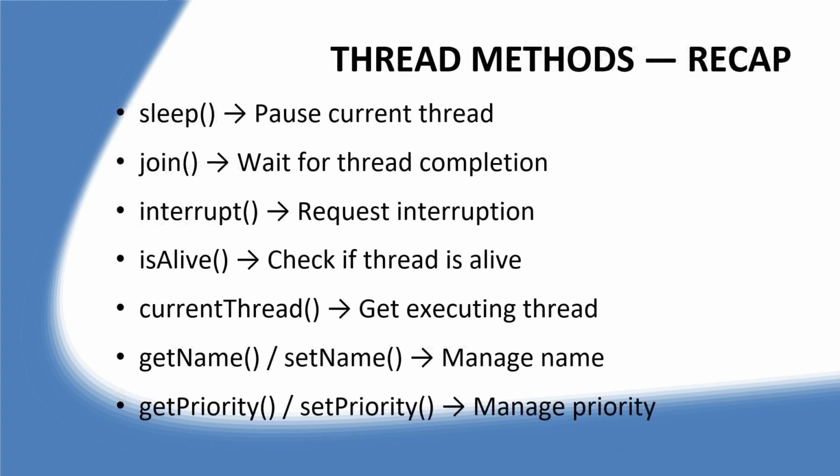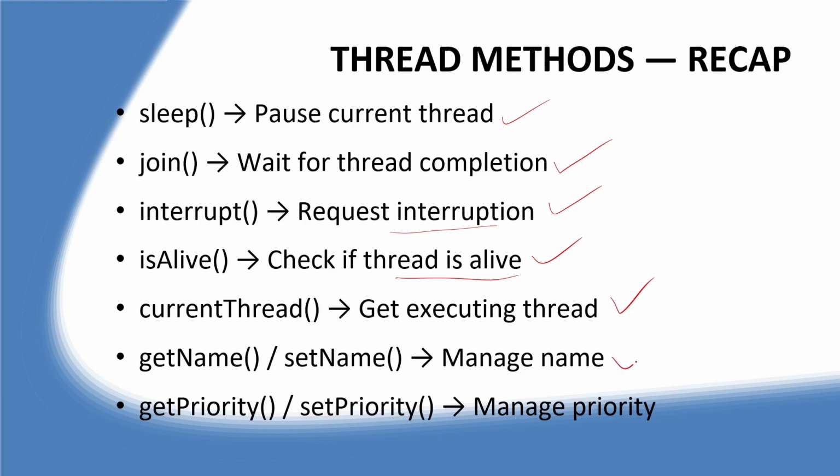Now let's quickly recap what we have learned so far. Sleep temporarily pauses the current thread. Join allows the current thread to wait for another thread to finish. Interrupt sends an interruption request rather than forcefully killing a thread. It is a request for interruption. isAlive tells us whether a thread has been started and has not yet terminated. currentThread gives us the currently executing thread.